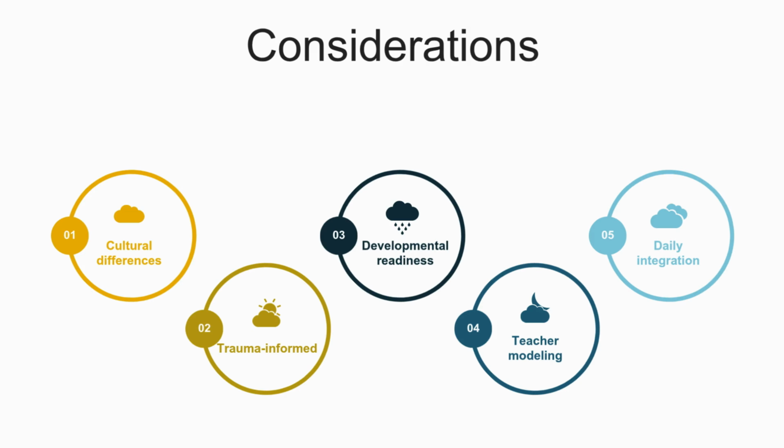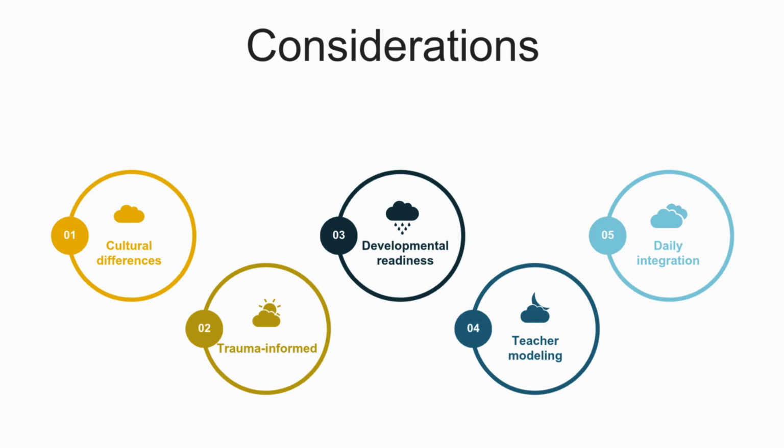It helps with developmental readiness. What does that mean? By being self-aware, I know my strengths, I know my weaknesses. So when I'm looking at even academic information, I know, okay, I need a little more prerequisite skills, or, you know what? I already understand this. Let's go. You want to have teacher modeling. Exactly. The teacher needs to be modeling self-awareness as well.